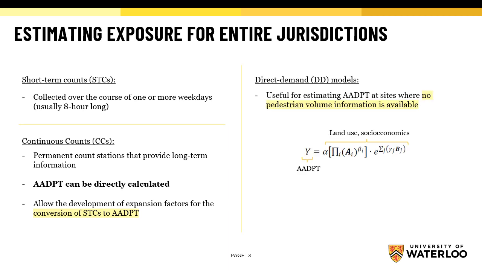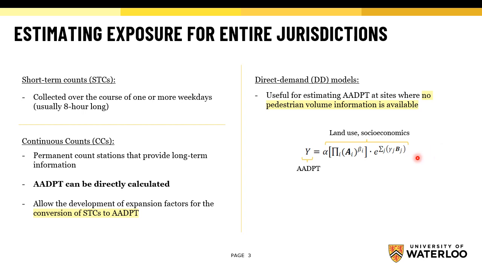The third tool is also very useful for estimating the ADPT for entire jurisdictions, which is the direct demand models. So basically, this is a model where the dependent variable is the ADPT, and the independent variables are land use and socioeconomic features, and it is really useful for estimating the ADPT at sites where no pedestrian information is available.